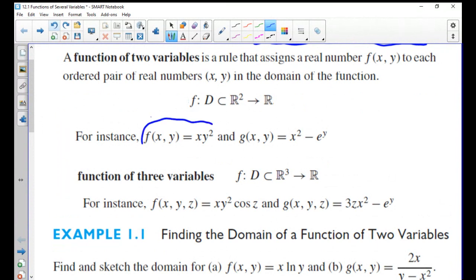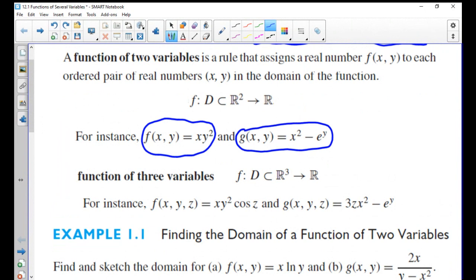So, here is, for example, an example of a function of how many variables? Two variables. What are they? X and Y. So it's a function of two variables. It takes x, y, and it will give you a real number r. So it's a function whose domain is in R2, and its value is a real number in the set of real numbers R. So f and g are both functions of two variables.